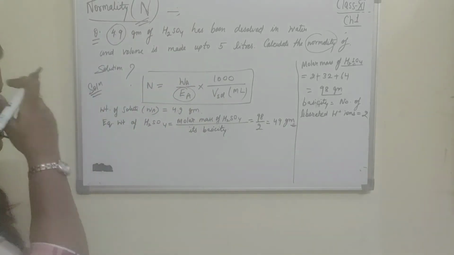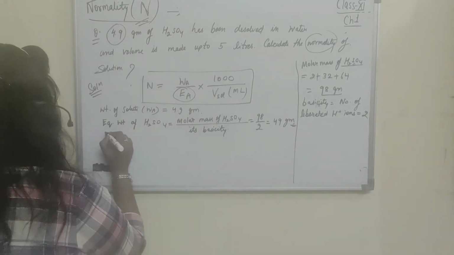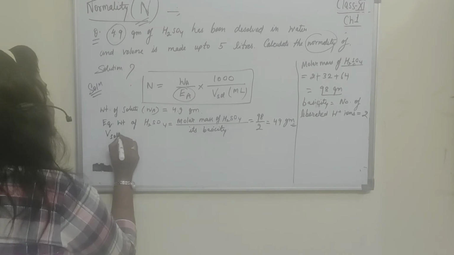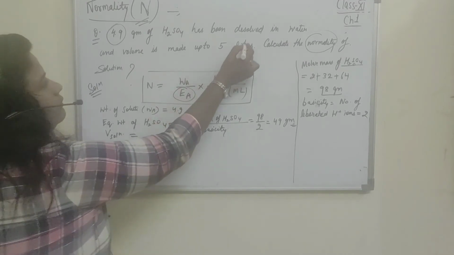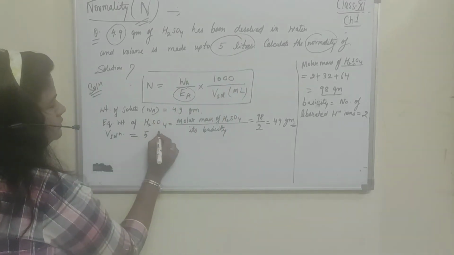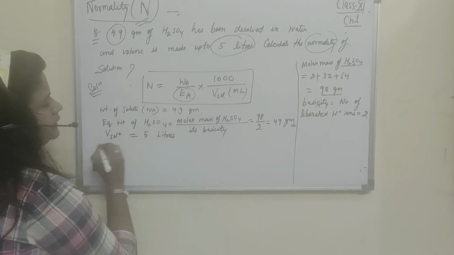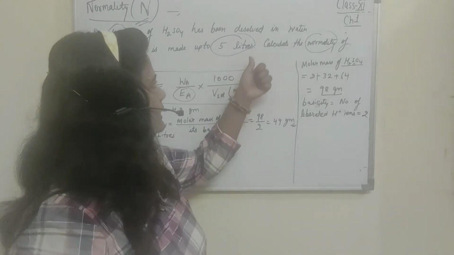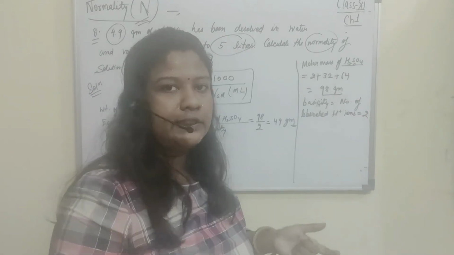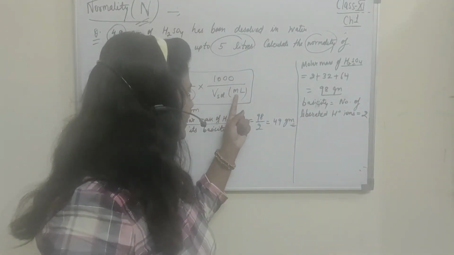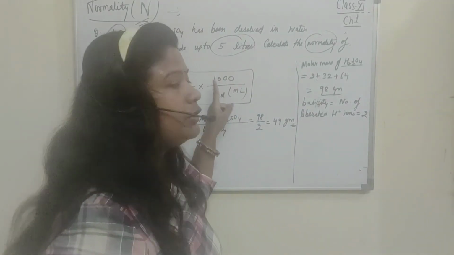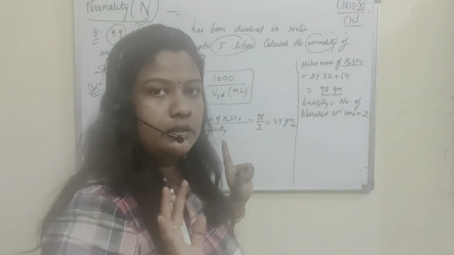Now the volume of solution is given equal to 5 liters. It is given in liters, so there is no need to change ml into liter. So we will not multiply by 1000.